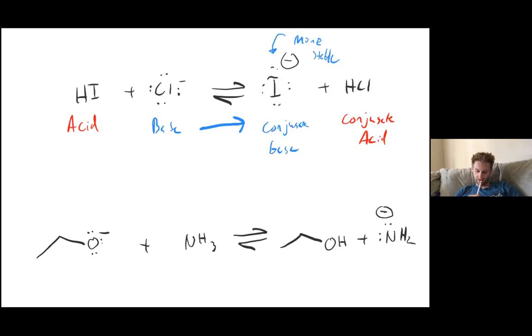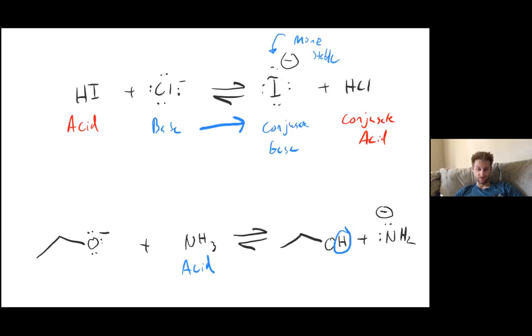So for this example on the right, if we look at what's happening in this reaction, going from left to right here, we're picking up an H at our oxygen position, which means that the H would have been donated from the other molecule, which means that this is going to be the acid, because this is what's going to be donating the H.